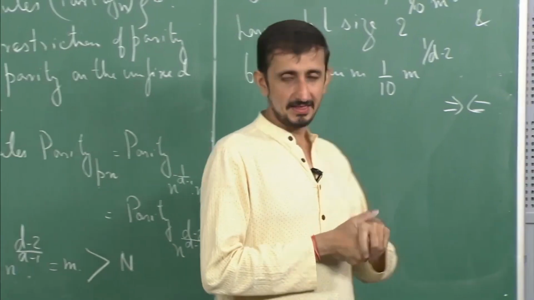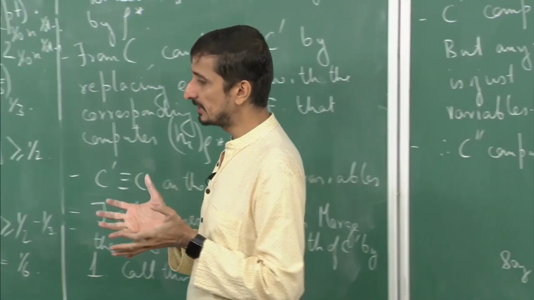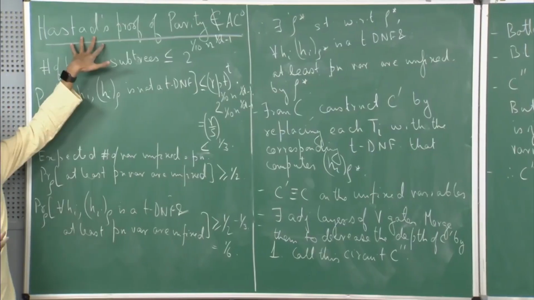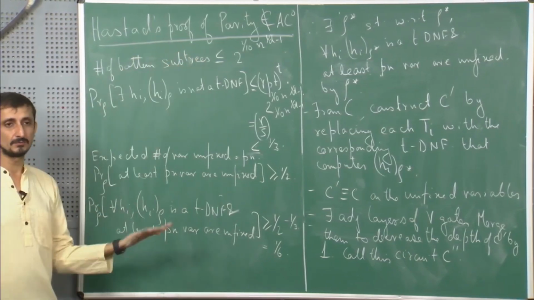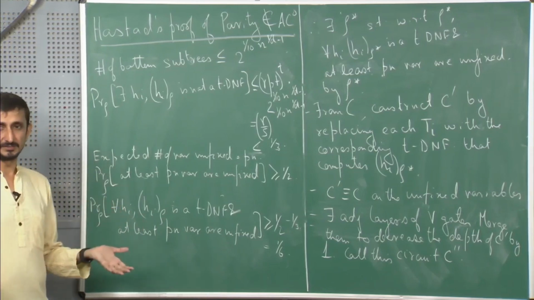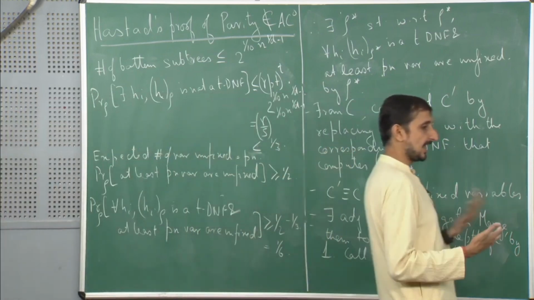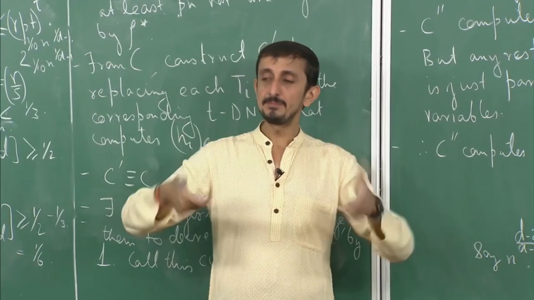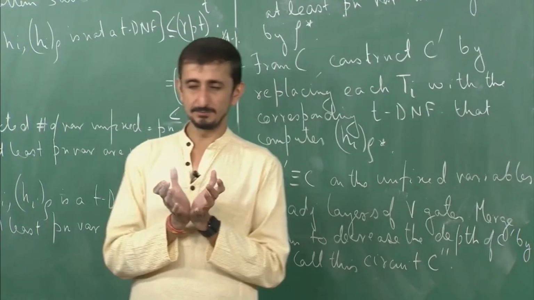Actually, this proof somehow gives a better intuition as to why this result is true, that any AC0 circuit for parity must have exponential size, or any circuit of depth d for parity must have exponential size. This is somehow saying that if I take a circuit which has OR and AND gates, and I flip them, then with very high probability the function remains the same in some sense.